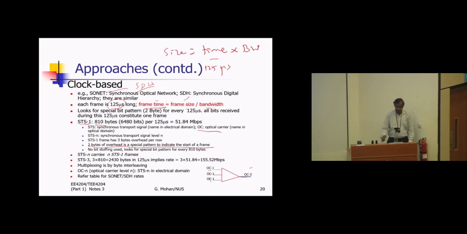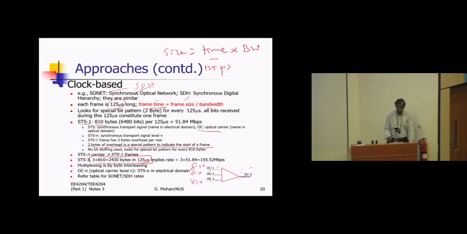Just imagine 810 bytes are received every 125 microseconds from this OC-1 input, and another 810 bytes from this input, and 810 bytes from this input, within 125 microseconds. That is one frame. So that means 3 times 810, 2430 bytes are received in 125 microseconds.